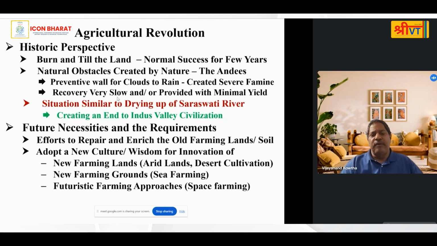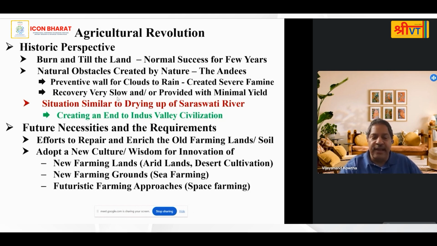So from that burn-till-the-ground to how we can overcome the loss of civilizations, like what happened when the Saraswati River dried up and the end of the Indus Valley civilization. How did these natural obstacles by nature, the Andean mountains, provide them a wall for clouds, creating ways to grow, and the wisdom that they had to improve the new farming lands, new ways of cultivating, and of course, pushing the envelope of what are the new areas.